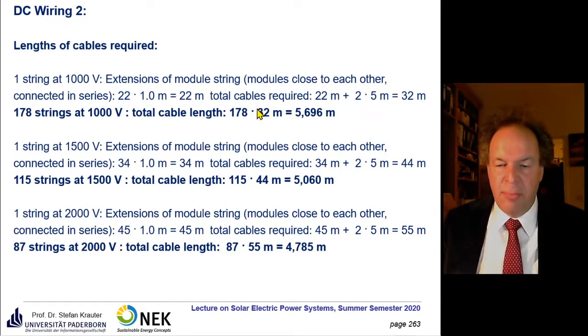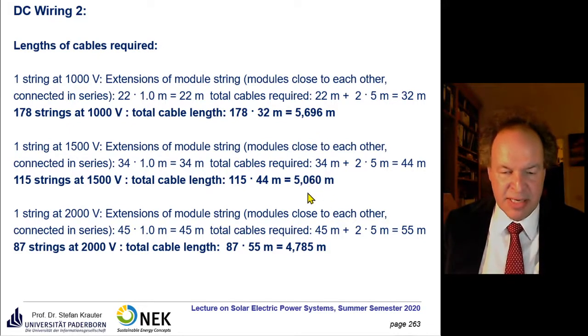So this is our number for 1000 volts. If we go to 1500 volts, then we have a lower number of strings, but while we have more modules there, we have to consider more cable here. So it's reduced, but not really very much reduced, about 10-12%.